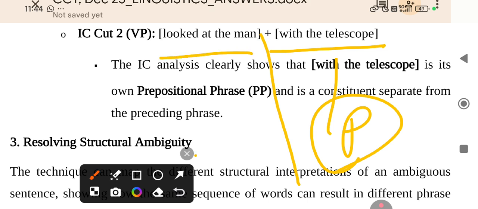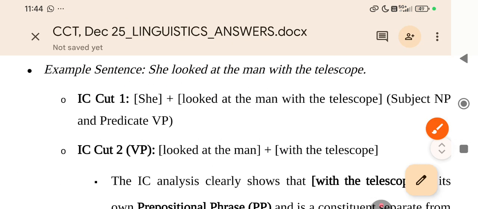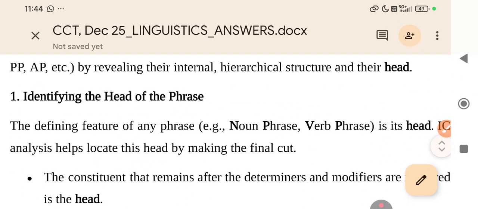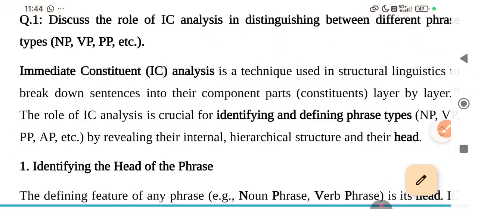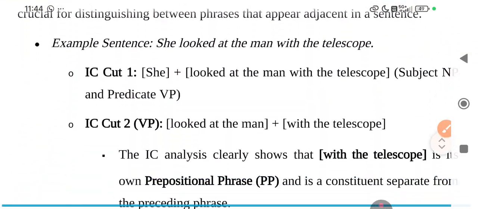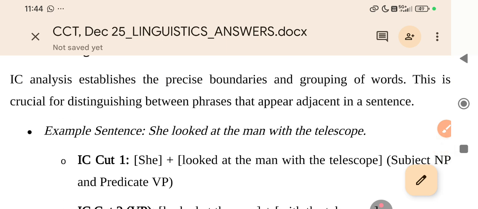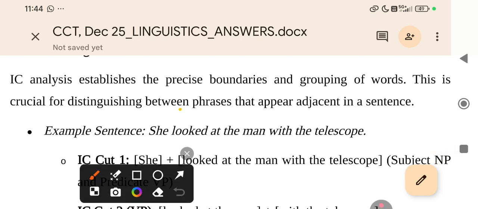Why? You can read it this way also. Where the sentence is written, she looked at the man. Okay, don't read this.